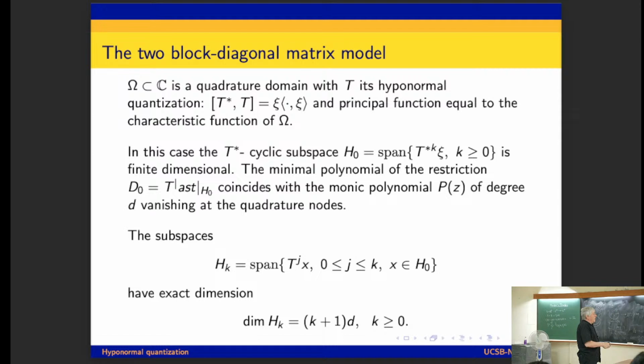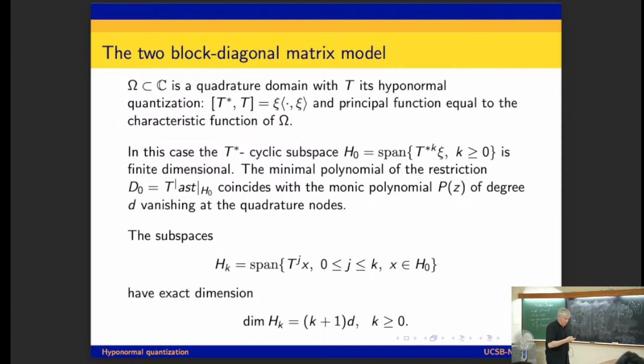And then you take higher and higher, you start to populate the Hilbert space with powers of t. So the powers of t star collapse, but the powers of t build more and more spaces. Well, you have these Hilbert spaces. It turns out that there is no gap in the dimension, so there is some injectivity here.